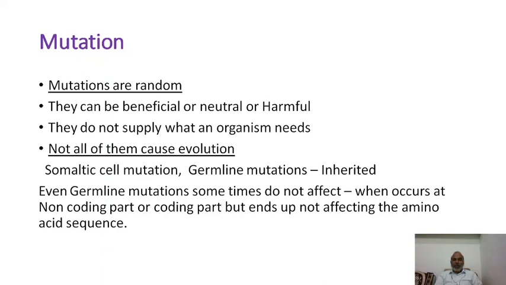So, when a mutation occurs in a non-coding part, or in a coding part but ends up not affecting the amino acid sequence, it will not cause any change. Only those mutations that occur in the protein coding part or in certain areas which affect our metabolism, or bring some changes in our protein expression, are considered for evolution.